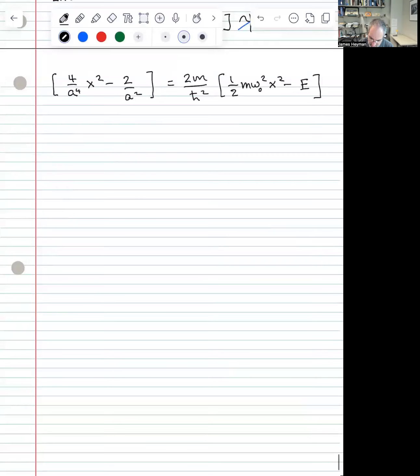So that's our equation that we have to solve. It still looks like a mess, right? It still looks complicated.